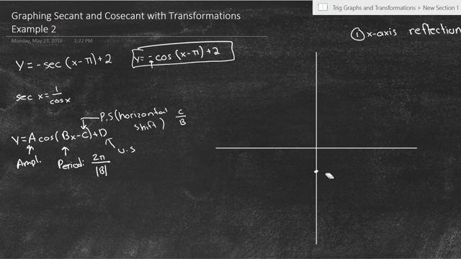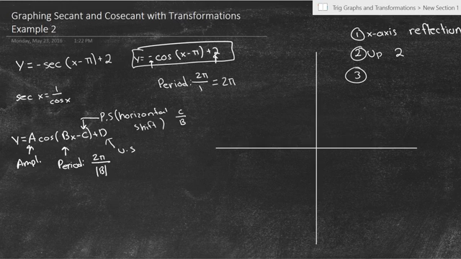And then we have this up 2 thing that we've got to do next before we can get into some other stuff. So I'm going to say we want up 2. And then we can do, okay, what's our period? Our period, we defined it as 2 pi divided by b. Well, b is just 1, so it just equals 2 pi.